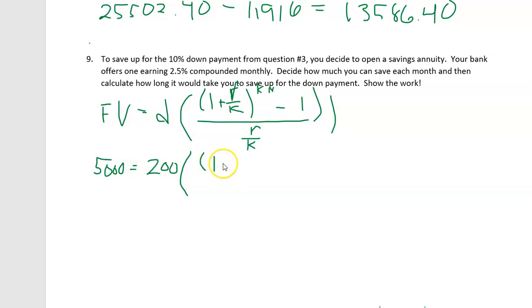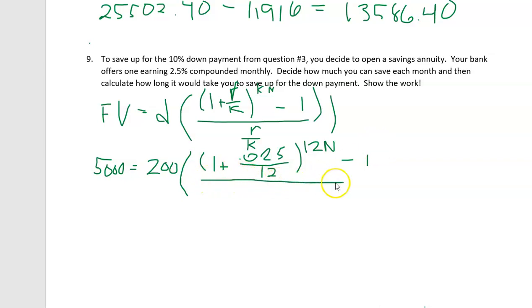All right, now my interest rate is 0.025. We're going to put these payments in monthly, these deposits, and we want to know how long. So our n is what we don't know. So this is going to be similar to the problem that we used the logs for earlier.